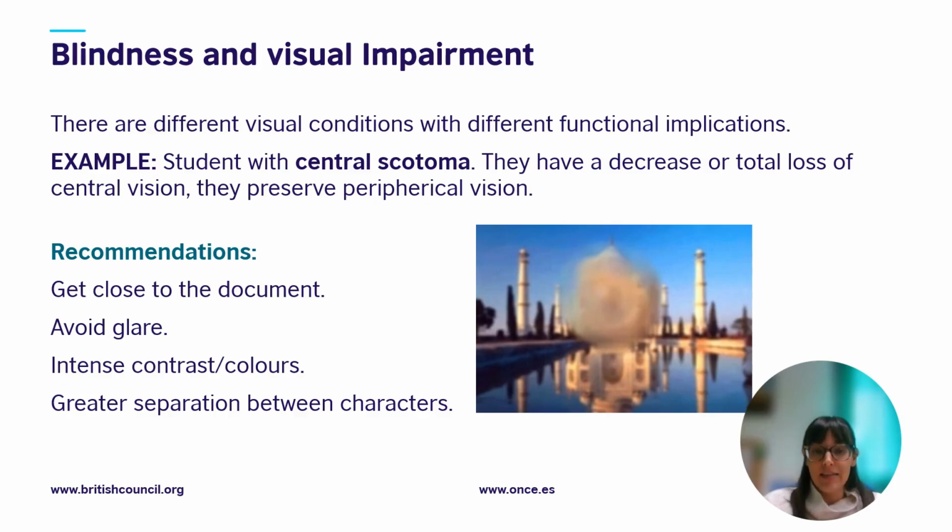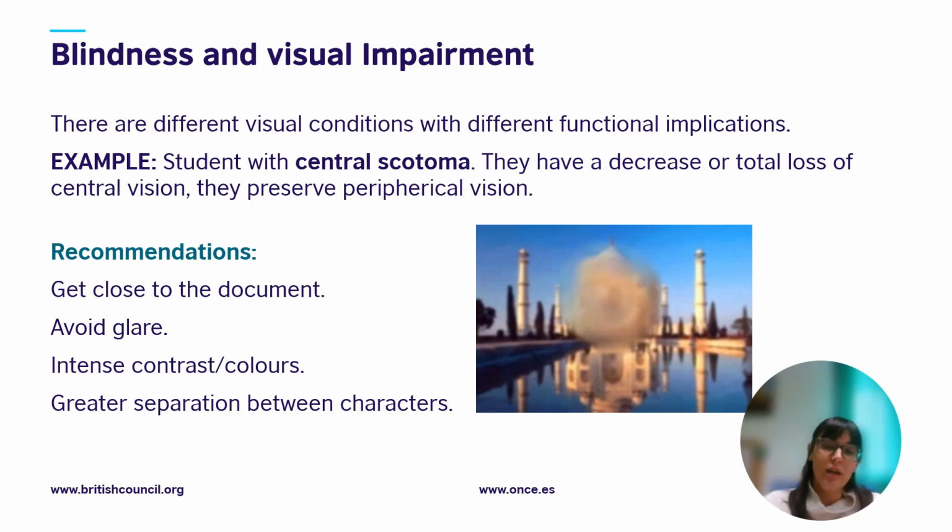In this case, they will find the whole information. Another important option would be to give them documents without glare. They need contrast and intense colors. However, the glare is not something that benefits or eases the process of learning.